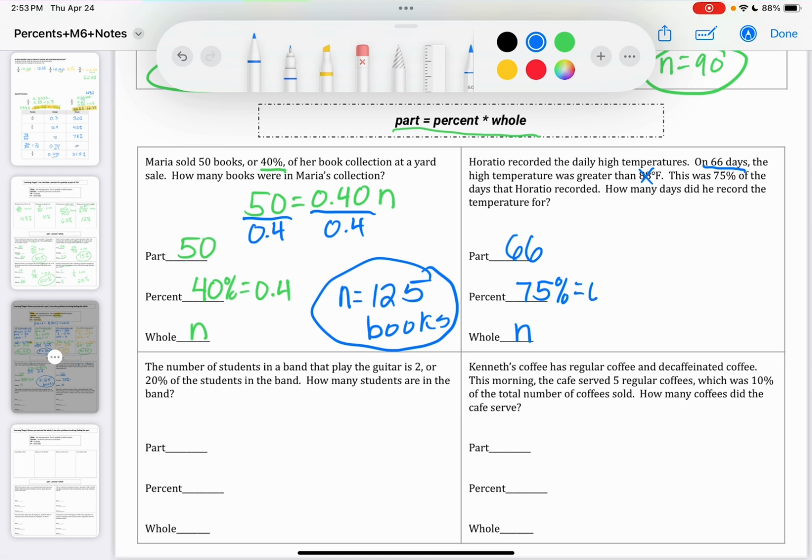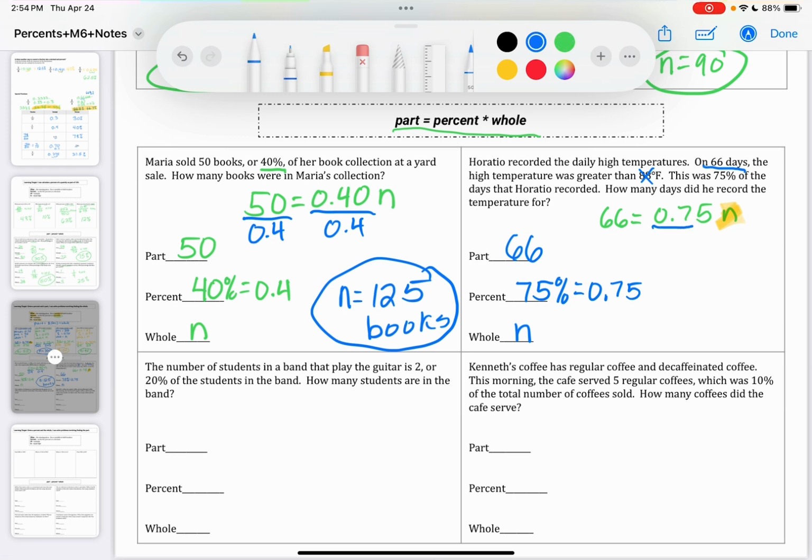So my percent as a decimal is 0.75. And let's write our equation. Part equals percent, that's a decimal, times the whole. So remember, we're still trying to solve for n.